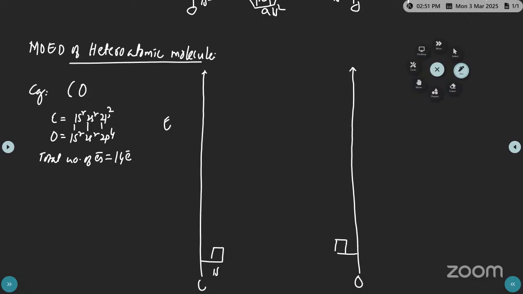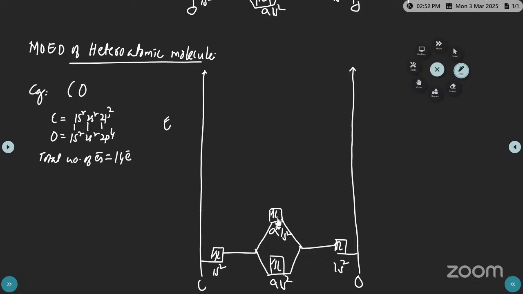These atomic orbitals are linearly combined and form two molecular orbitals. One is the bonding molecular orbital, sigma 1s2, and this is sigma star 1s2. Total 4 electrons.